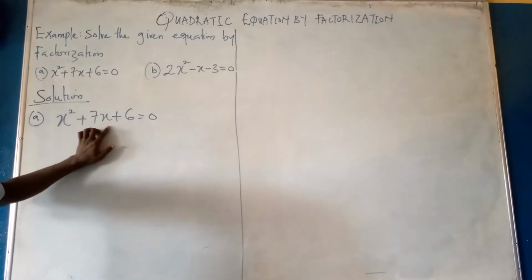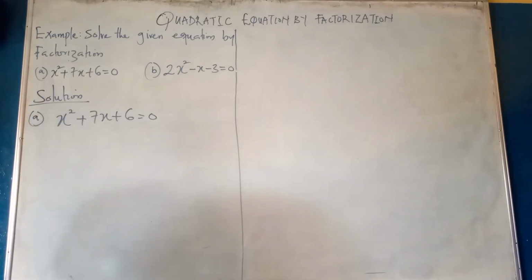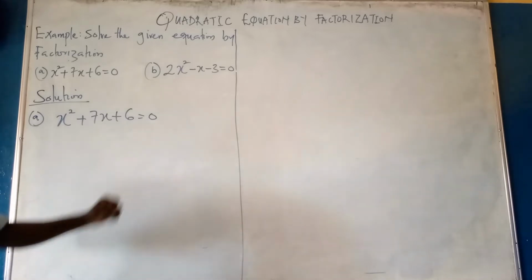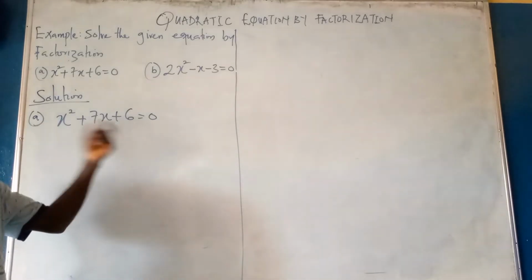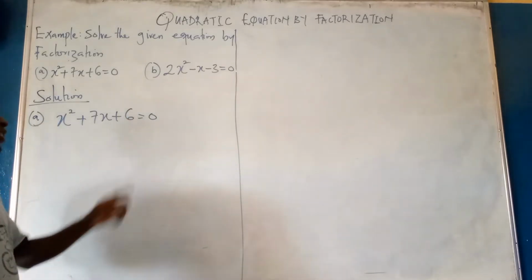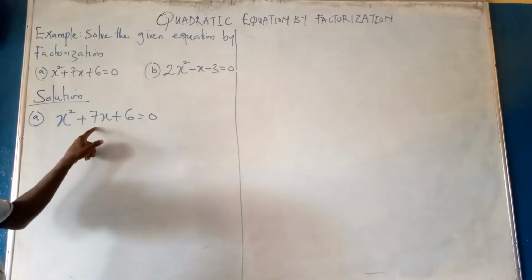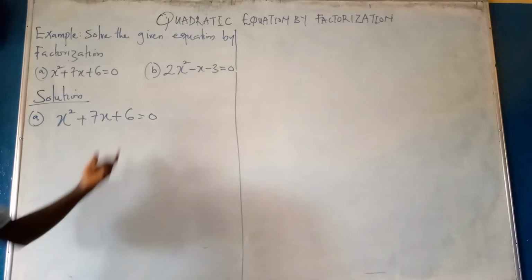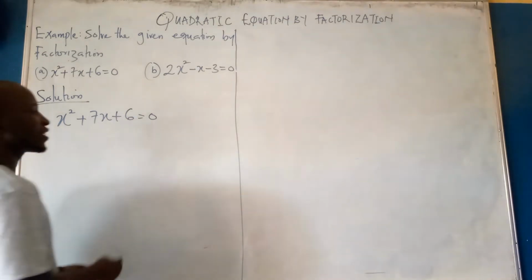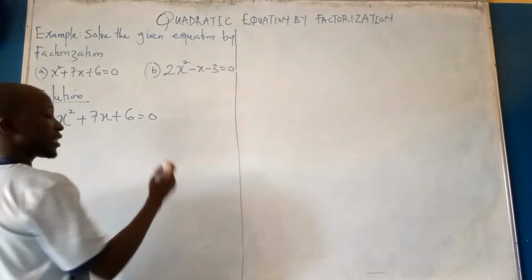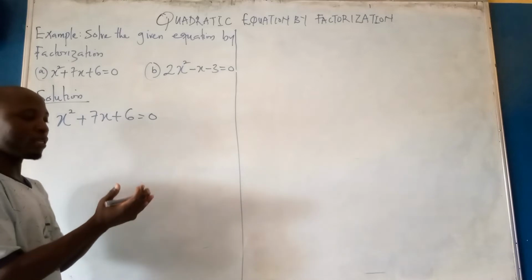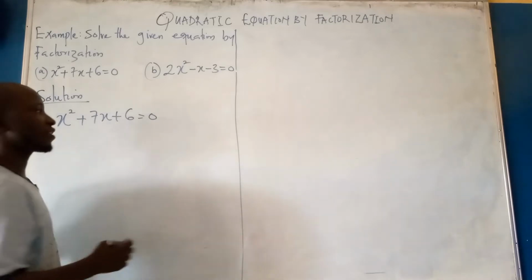Now we have 7x plus 6 here. What are we going to do? We are going to look for two factors of 6 that, when you multiply them, give 6, and when adding or subtracting, give 7. Now let's look at the factors of 6. These are two numbers that, when multiplied together, give us 6.